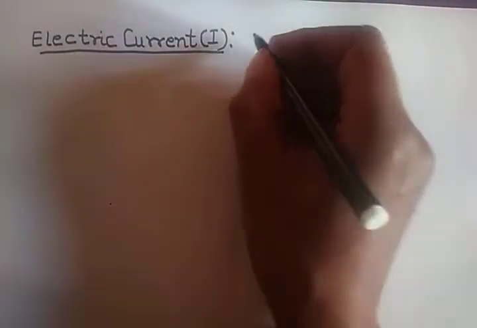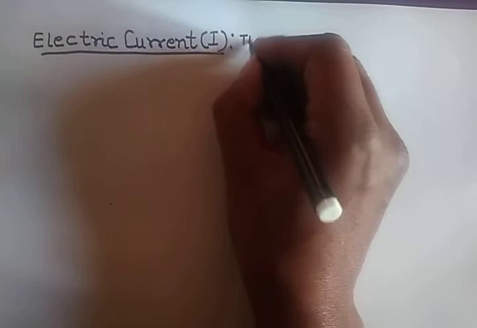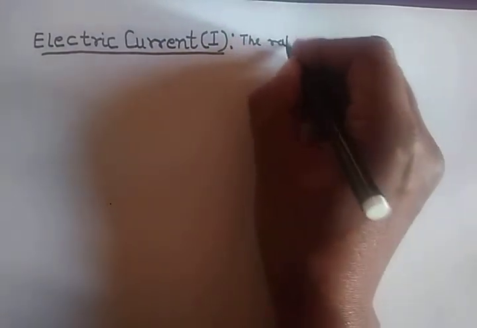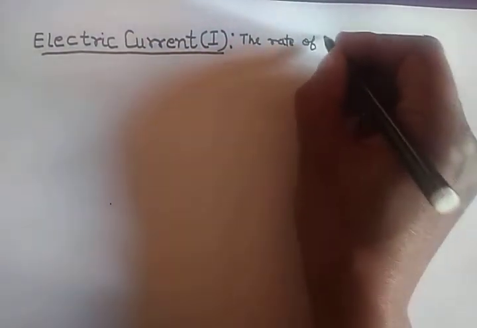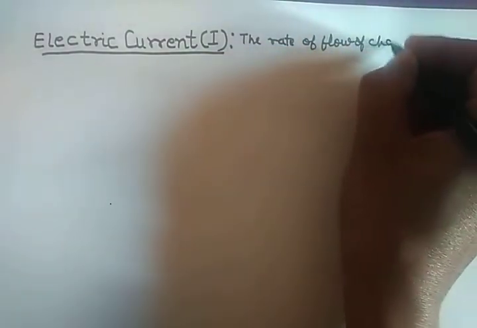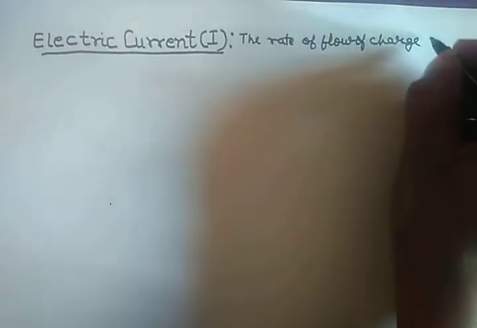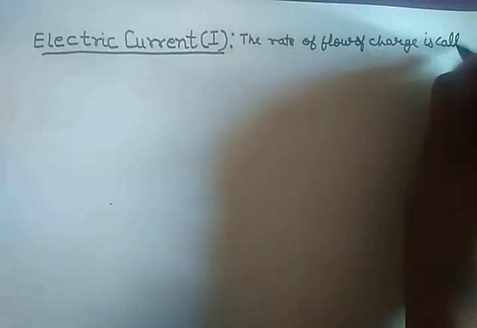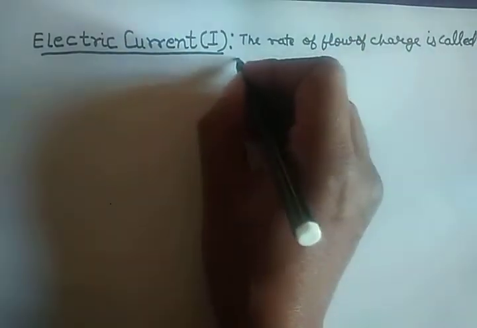But what happens when charge flows? When charge flows, it forms electric current. So how to define electric current? The rate of flow of charge is called electric current.